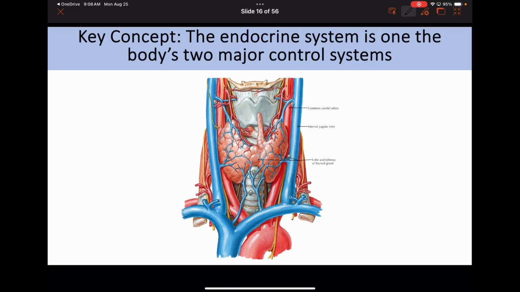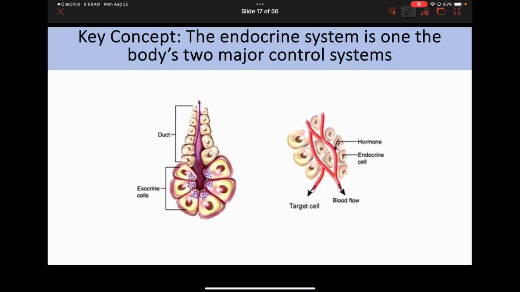So when a cell from that particular gland makes a hormone, it just dumps it directly into the bloodstream. So no need for ducts with an endocrine gland. Here's a microscopic view at the cellular level. Here are exocrine cells, and they're going to secrete theirs through a duct that's going to go to some kind of surface, versus endocrine, which again have direct access to those capillaries to dump the hormones directly into the bloodstream.